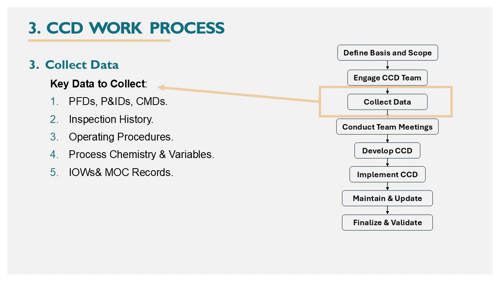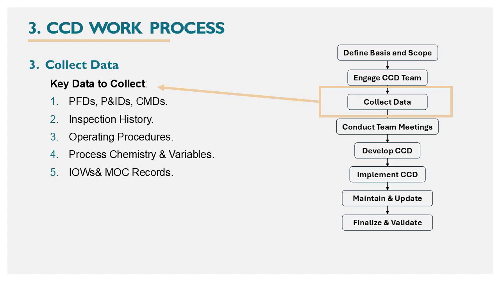Past reports, thickness readings, NDE results, failures, repairs. Reveals actual corrosion rates and validates assumptions. Number 3 is operating procedures, including normal, startup, shutdown, upset, and special procedures, and identifies transient conditions that may cause corrosion.